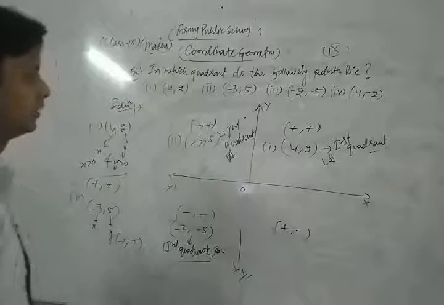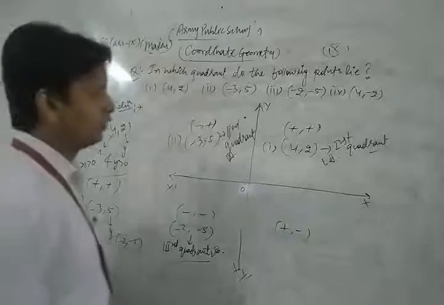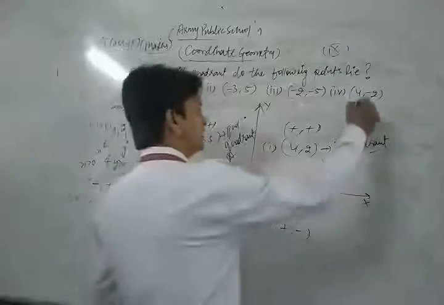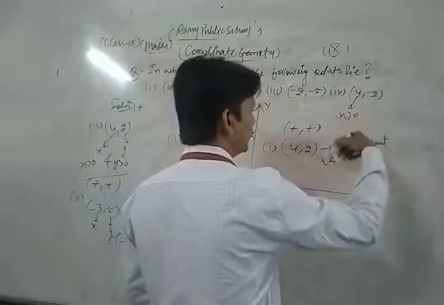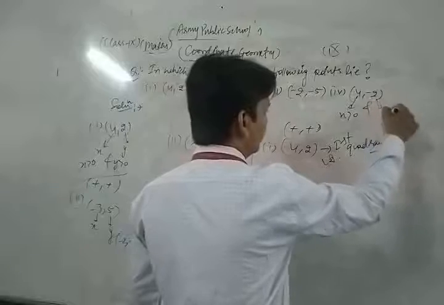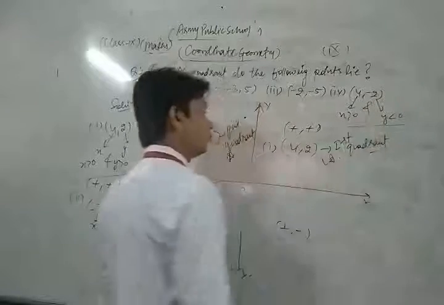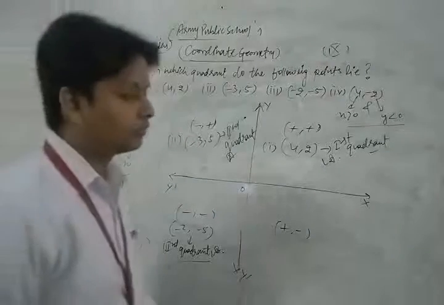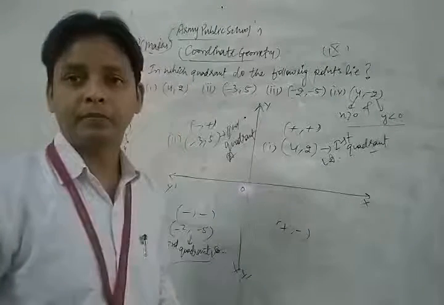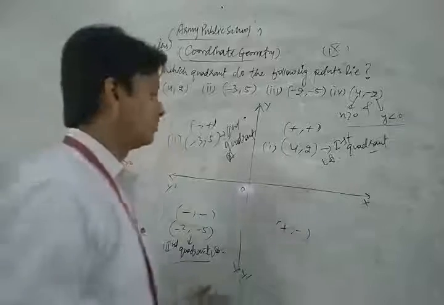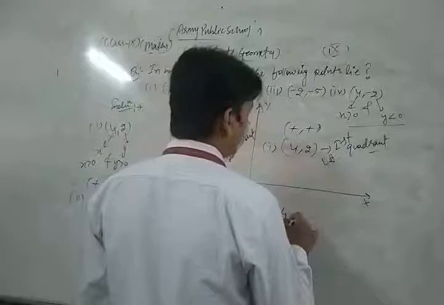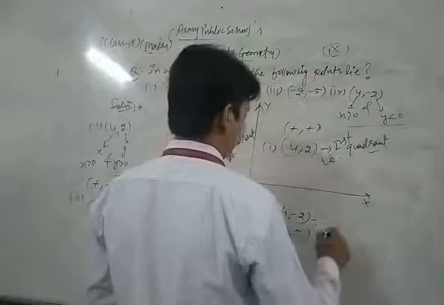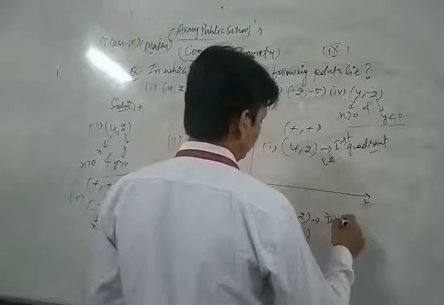This is the next answer. Now the fourth part of this question. Here abscissa x is positive, greater than 0, but y is negative, less than 0. So (4, -2) lies in the fourth quadrant.